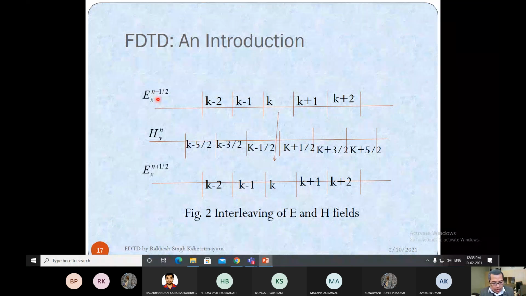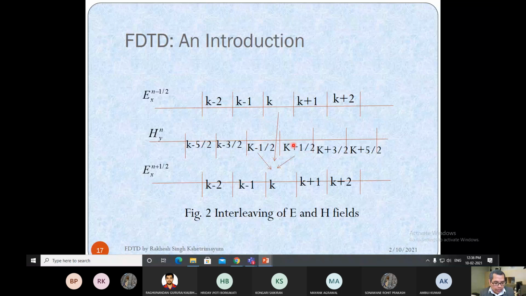So if I want to find Ex at n plus half, I need to know the value of Hy and Ex at n minus half. I need to know the Ex at n minus half at the same location, k and k. But I also need to know the magnetic field of the previous time instant at different locations in the neighborhood, k minus half and k plus half.